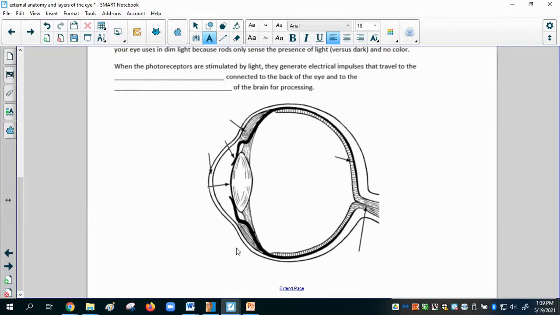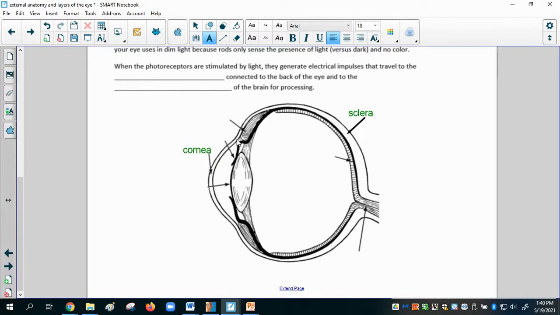The outermost layer of the eye is called the sclera. And my arrow should be pointing to this thick white section here. And as we follow the sclera anteriorly towards the front of the eye, it becomes the cornea. So that is this label right here.